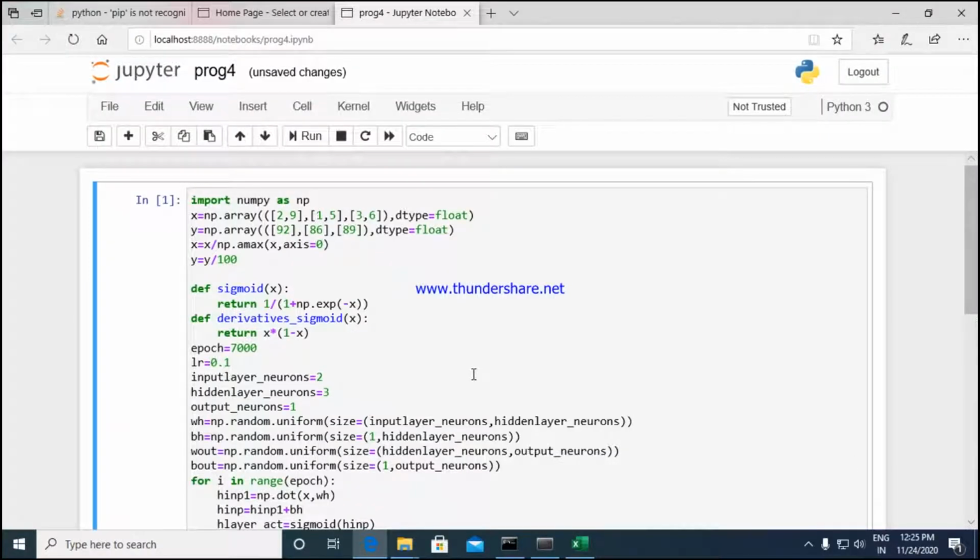Good morning, students. Today we are going to discuss the fourth program in the lab curriculum, which is the backpropagation algorithm. So what is the backpropagation algorithm? It is an algorithm which helps in rectifying the weight values.